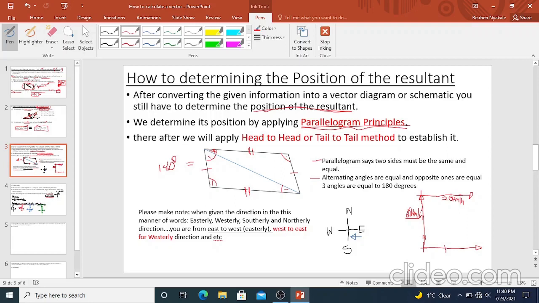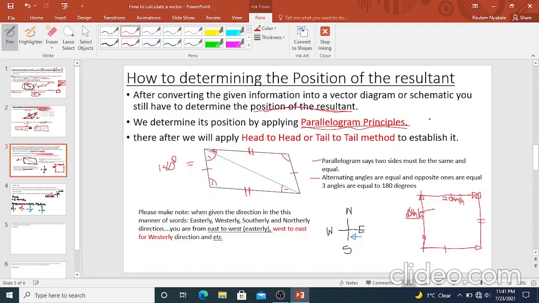This one must be the same and equal as this one, heading north. There we go. This side is now the same and equal as that one.